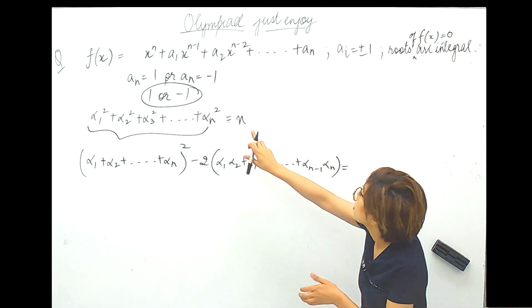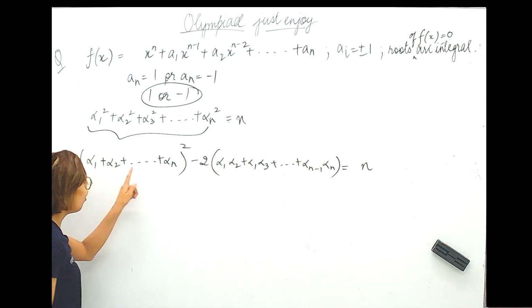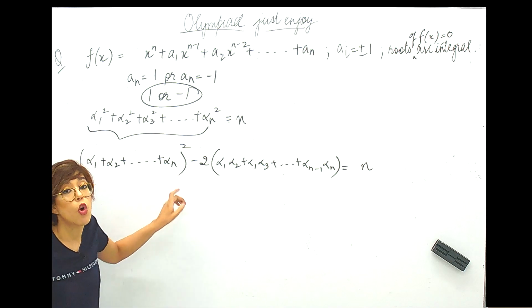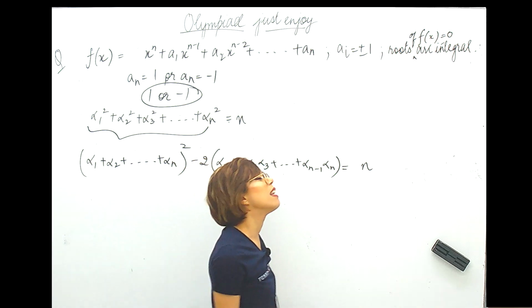राइट? अच्छा ये किसके इक्वल था? n के, राइट? अब यहाँ पे सम ऑफ जीरोस की बात कर रहा है, he's talking of sum of zeros. You can directly use the relationship.